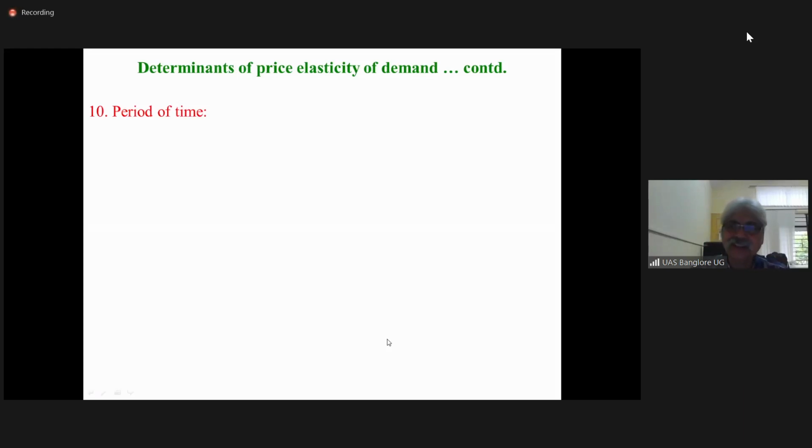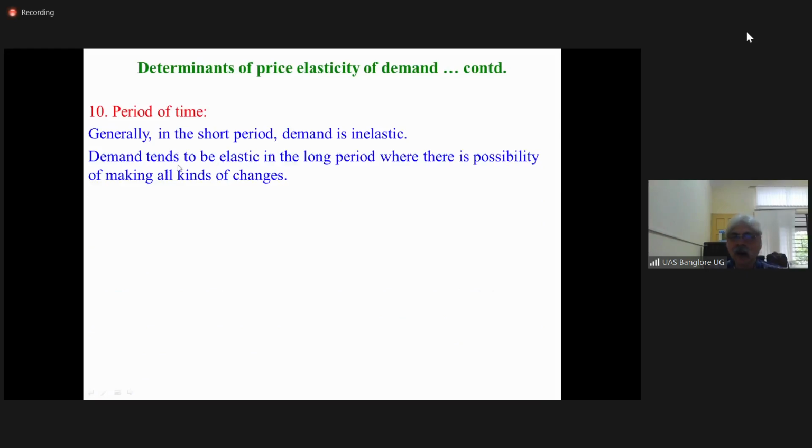If you don't get time to make the changes, then it becomes inelastic. For example, generally in the short period, demand is inelastic. Demand tends to be elastic in the long period, where there is possibility of making all kinds of changes.